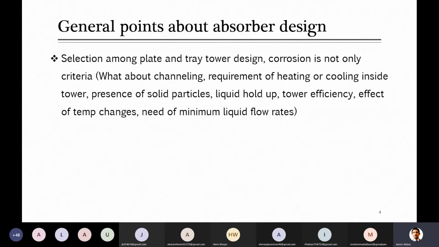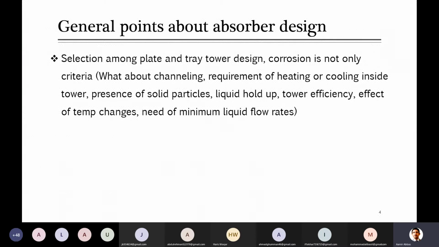For example, if you have to provide heating or cooling inside the tower. The equipment we talked about till now is, most of the time, physical with no reaction, and most of the time temperature remains constant throughout the tower. Not pressure, definitely there is some pressure drop, but temperature mostly remains almost constant.